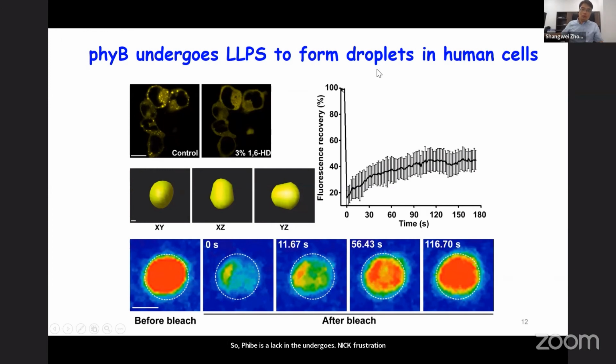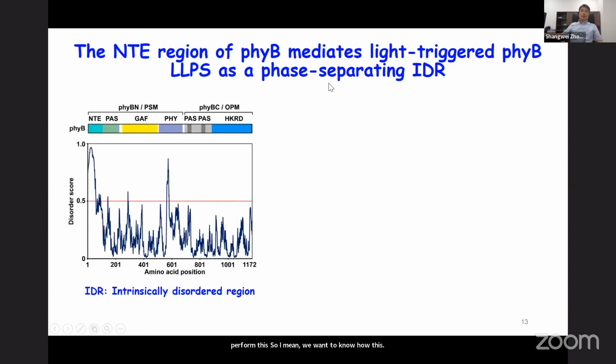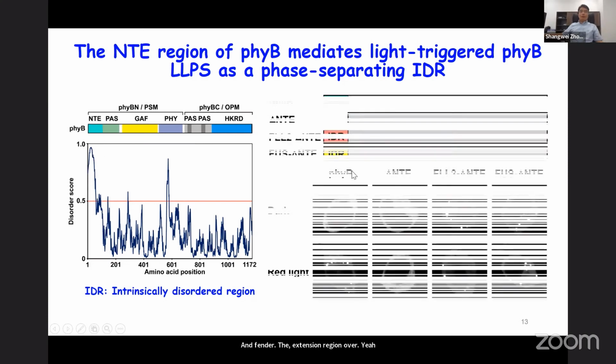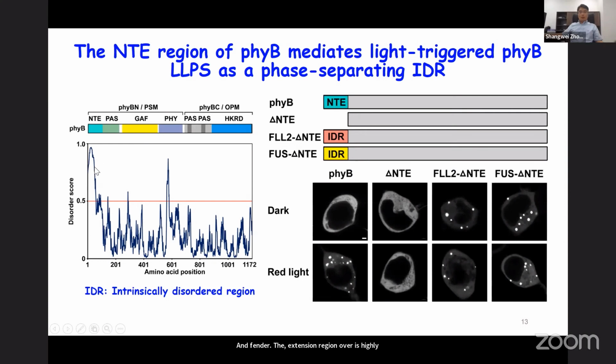Then we wanted to know how this separation is regulated. We analyzed the amino acids of the phy protein and found the N-terminal extension region of phy is highly disordered, and this disordered region probably regulates this separation.